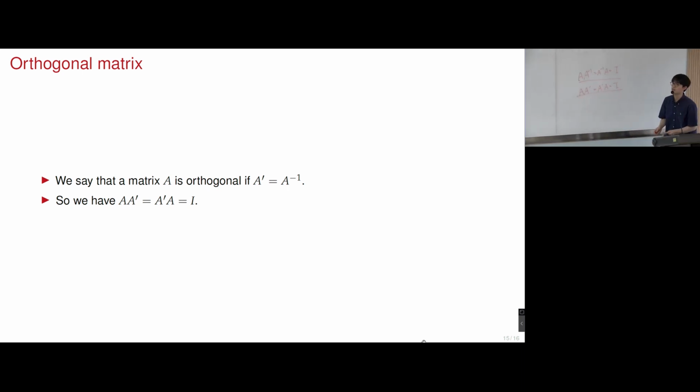And it's a lot easier, because I didn't tell you explicitly how to calculate the inverse, and sometimes getting the inverse matrix is very hard. So if a matrix is orthogonal, it's very nice because we don't need to find the inverse. We just use A transpose. That's the inverse. That's why it's very useful.